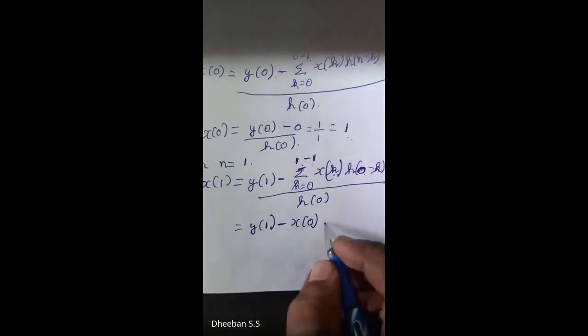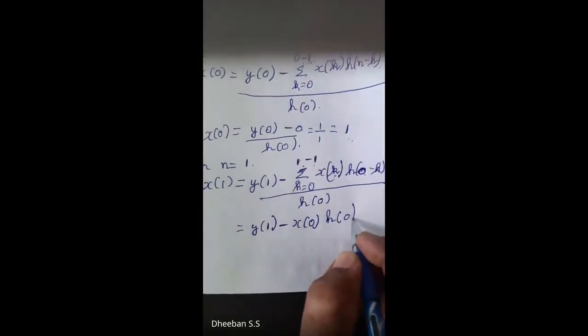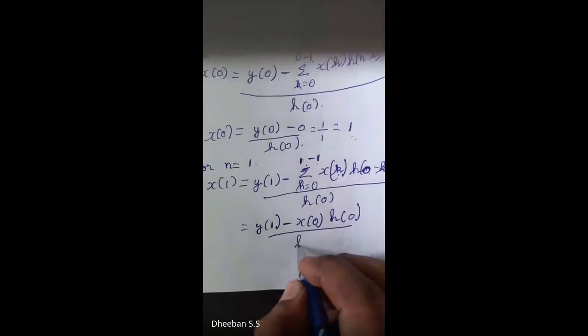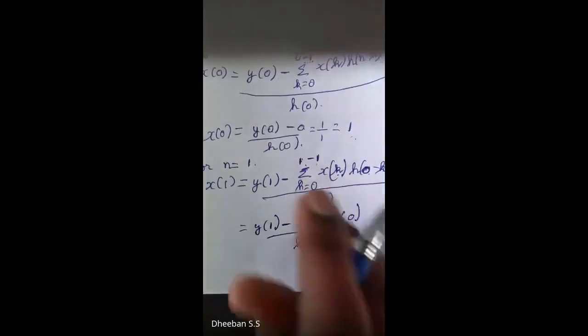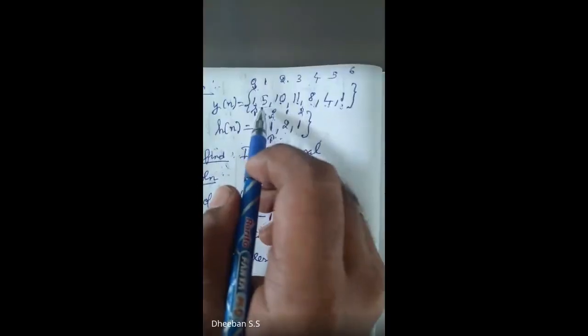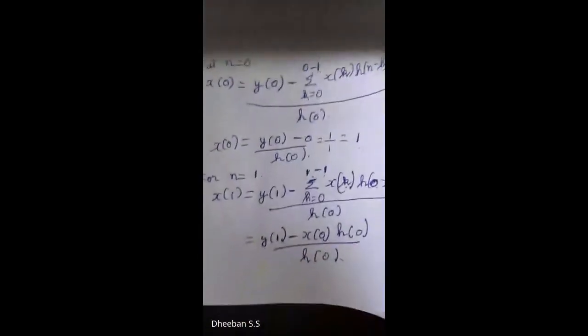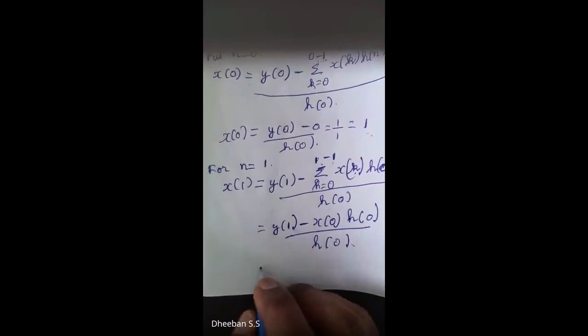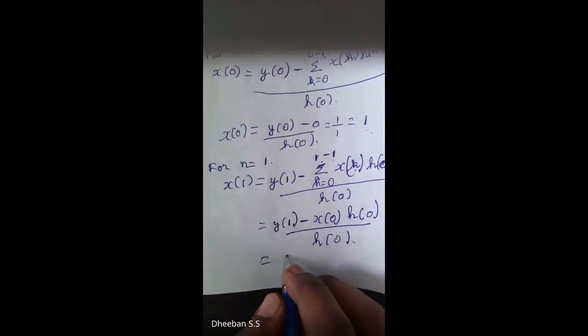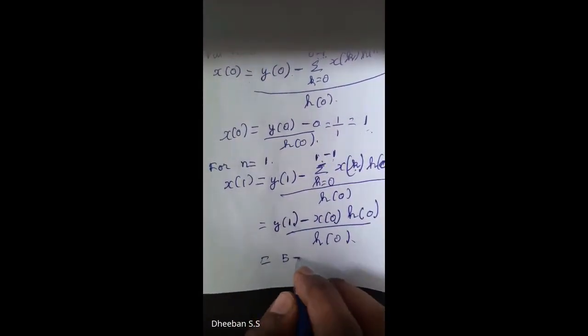So it will be 0 by h of 0. So y of 1 value is this 5. You have to substitute that in this 5 minus.